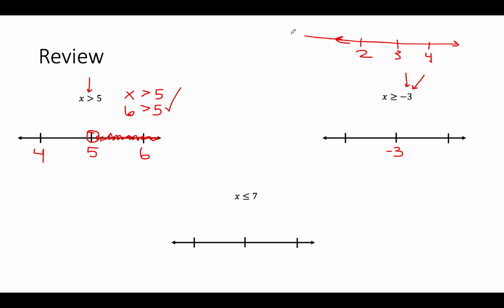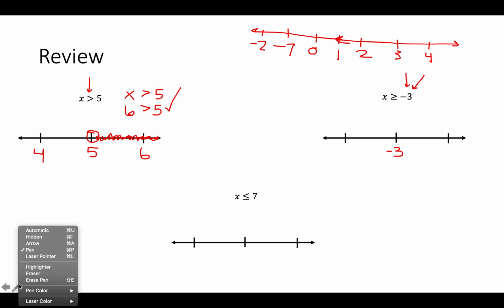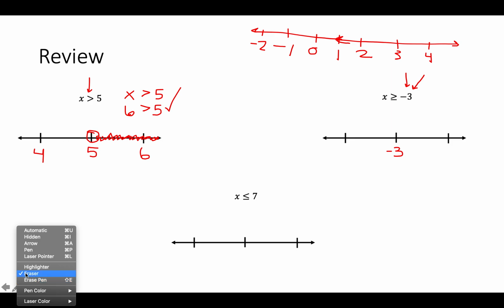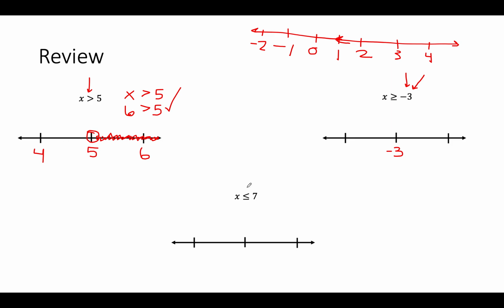So let's say if this number line continued this way, we would have, let's see, 1, 0, negative, whoa, that's supposed to be a 1, and negative 2, right? And so on and so on. So it can keep going. Let me get my eraser here. There we go, negative 1. Go back to my pen.